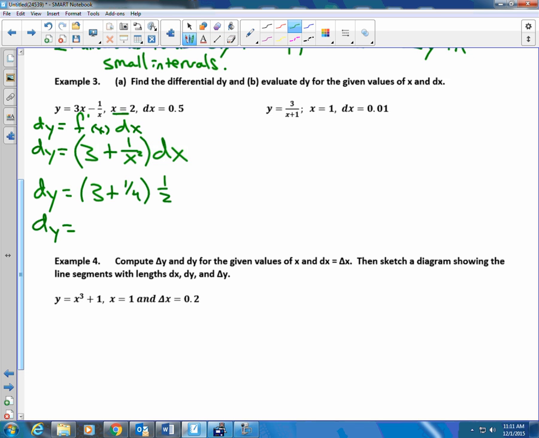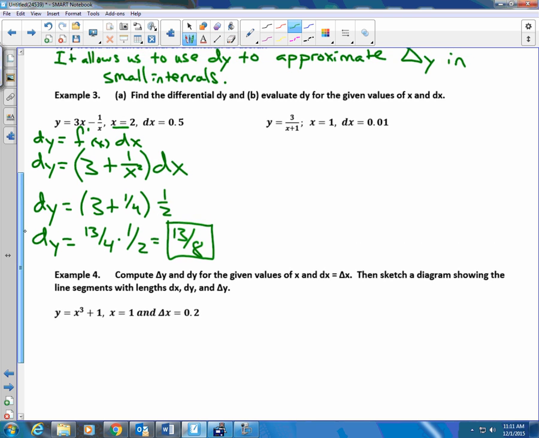So dy is equal to 3 plus 1/4, that would be 12/4 plus 1/4 is 13/4, times 1/2, which is 13/8. Did we just find dy or delta y? Dy. That is a very close approximation to delta y. You don't know yet why it would be interesting to use, but we're going to get to a couple of examples right at the end that show you why.